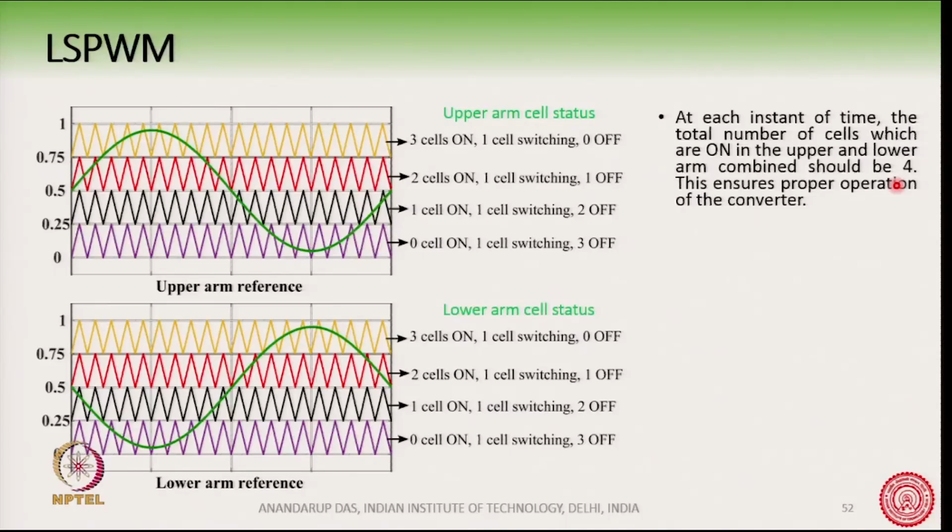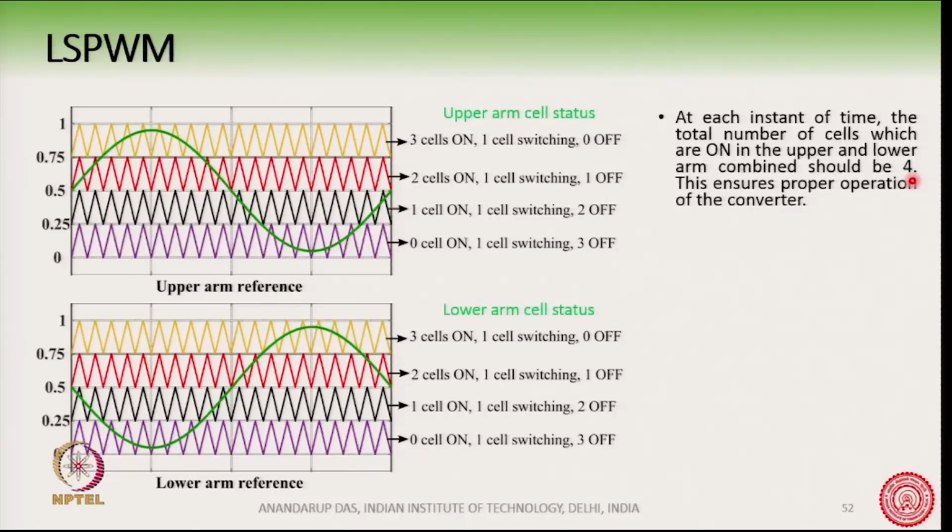So, the total number of cells which are on in the upper and lower arm combined should be 4, because each capacitor voltage is VDC by 4. If 4 cells are turned on, the total voltage opposing the DC bus voltage in the leg, the upper arm and lower arm combined, is VDC and they are matching. That is why we always keep it equal to n. This ensures the proper operation of the converter.